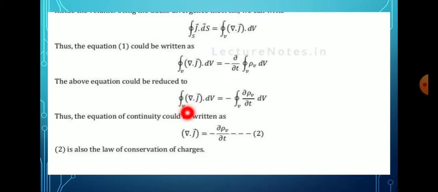The integration over the volume V into dv gets cancelled. Then we get the equation of continuity, that is del dot j bar is equal to minus dou rho v by dou t, which is equation number 2, and this equation represents the law of conservation of charges.